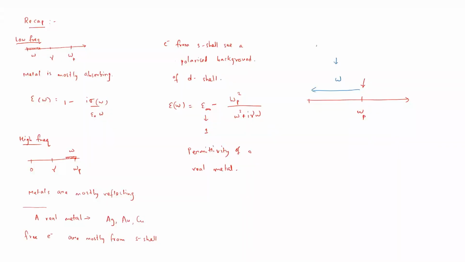This was till the previous classes. In today's class, we are going to see what happens at the plasma frequency and above, where omega is the frequency of the driving field.